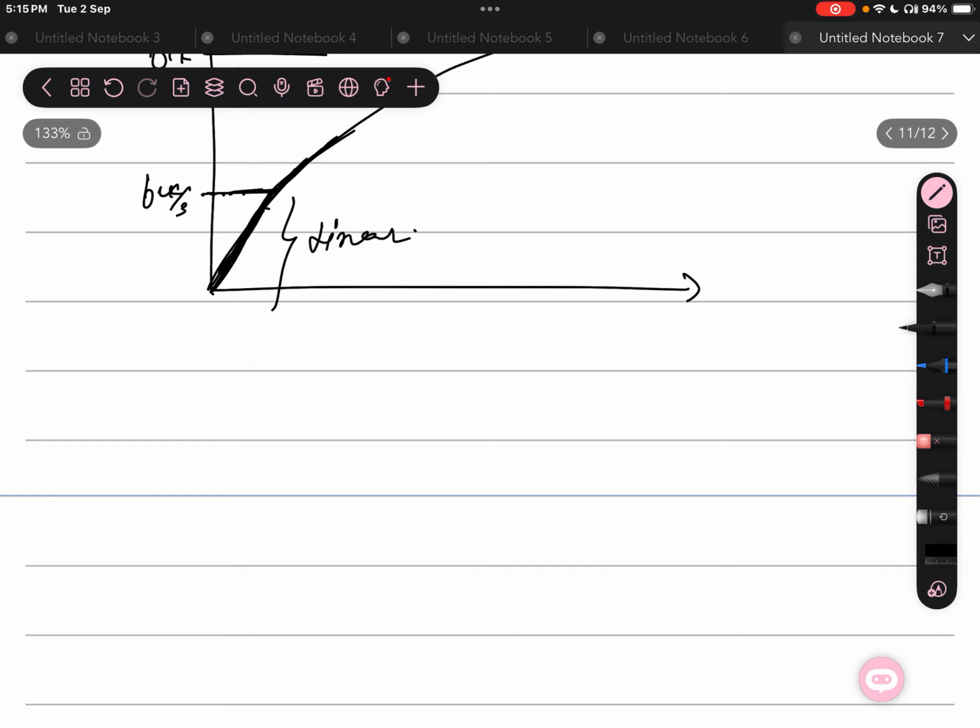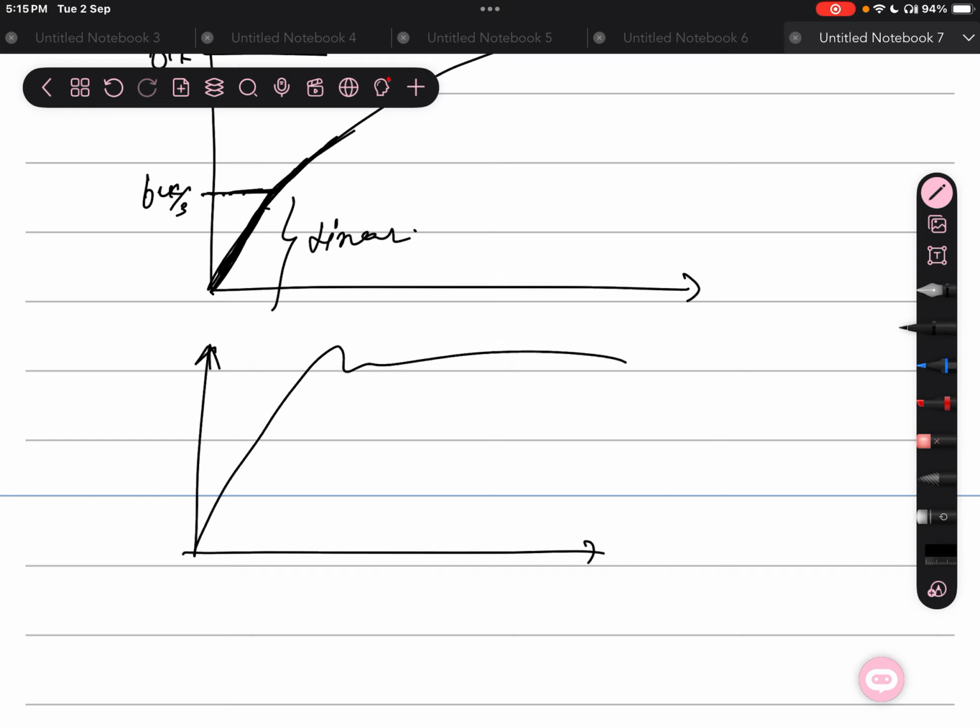Similarly, for the steel, this is FCK and we are limiting it to FCK by 1.8, and this is also linear.